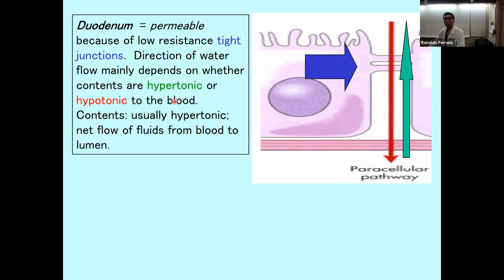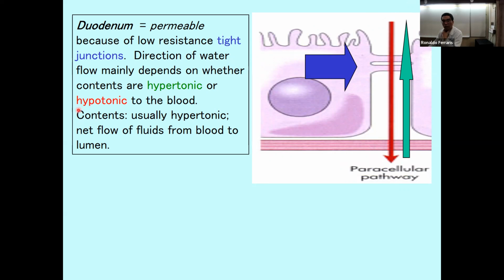So remember, in the duodenum there are low resistance paracellular pathways. So if this is hypertonic because you ate something really salty or very sweet, very sugary, then fluids will flow from blood side to food side because this is concentrated.